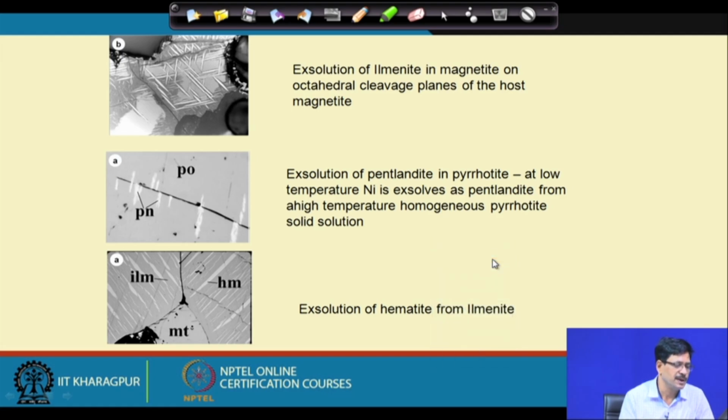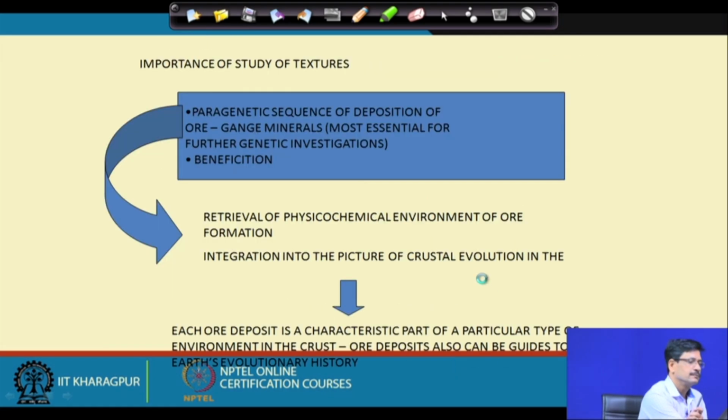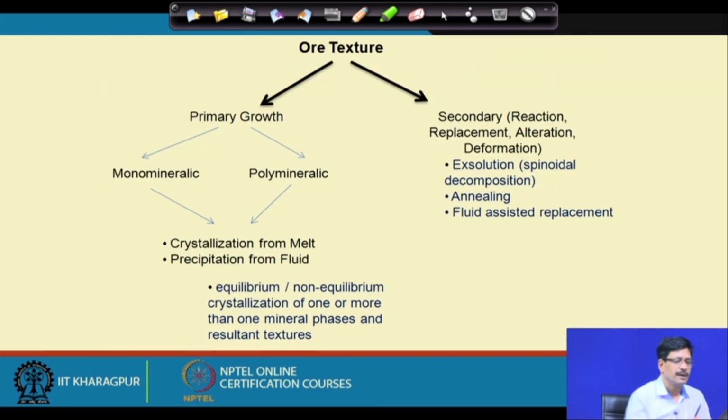These different processes can be thought of like this: if we are trying to understand the ore texture, then this texture could result from a primary growth of these minerals together. They could be monomineralic or polymineralic, and could crystallize from a melt or precipitate from fluid.